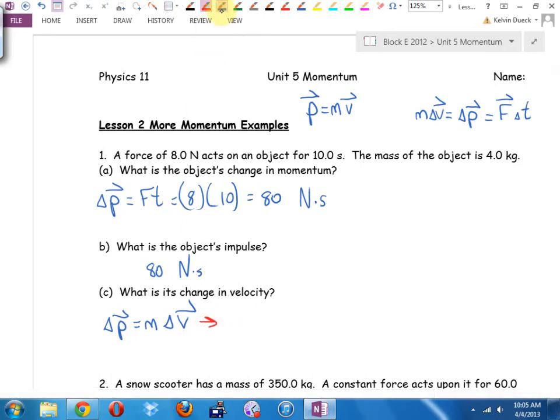How would I get the delta V by itself? Divided by m. So the change in velocity is going to be the impulse divided by the mass. It's going to be 80 divided by 4. I think I can do this in my head, because 8 divided by 4 is 2, so 80 divided by 4 should be 20.